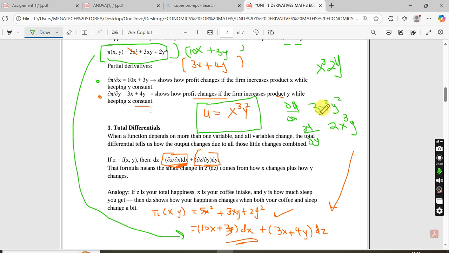Yes. So the total derivative is, you're now going to say 3x squared y squared, in brackets you put dx, plus 2x cubed y dy.